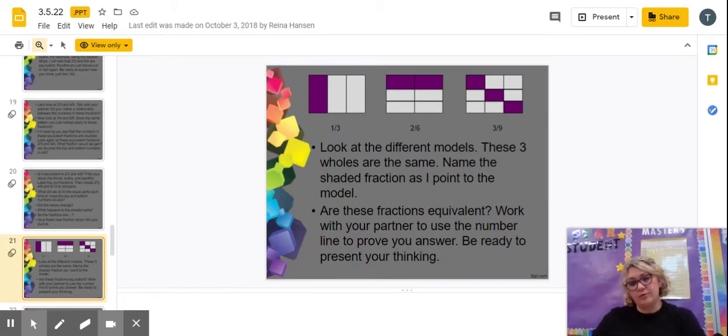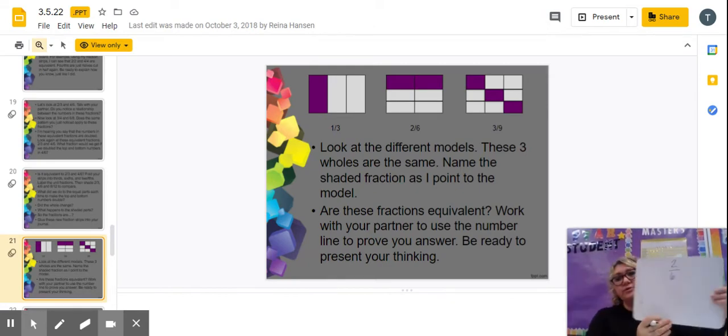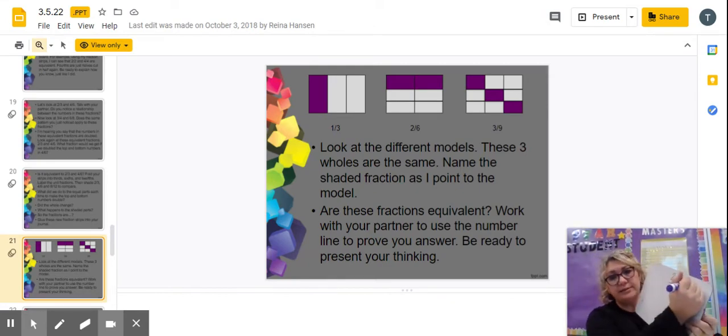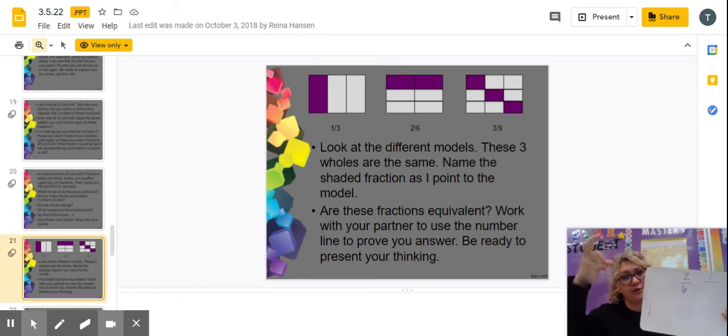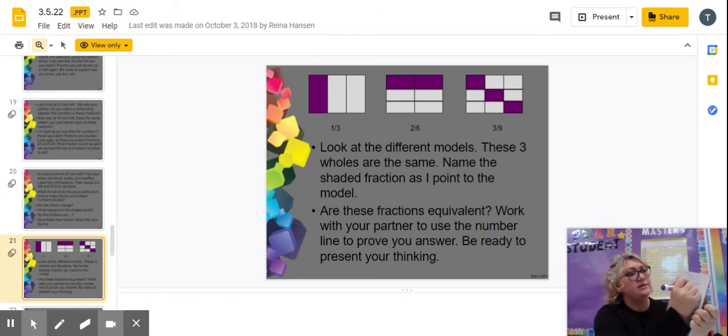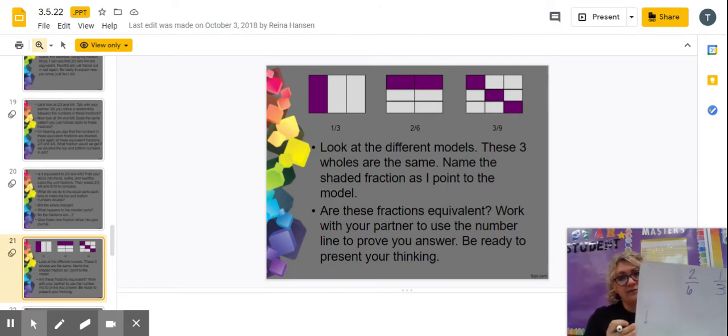So let me show you guys equivalent fraction. 2/6. 2 will go into 2 1 time, right? And then 2 will go into 6. How many 2s are in 6? 2, 4, 6, 3. So is that equivalent? Is 2/6 equal to 1/3?